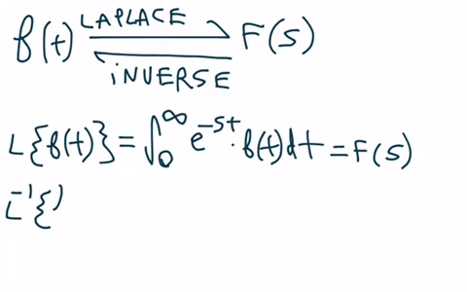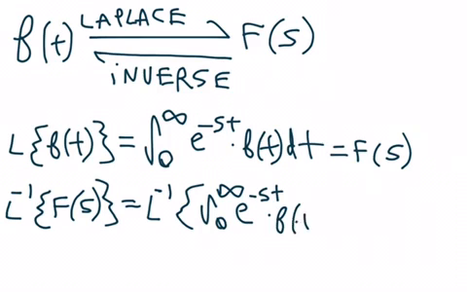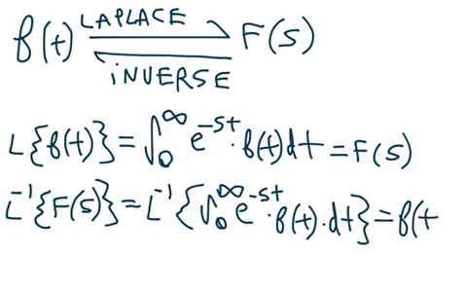So the L to the minus 1 of our f of s gives us back the L to the minus 1 of our integral from 0 to infinity of e to the minus st times f of t times dt, which is simply f of t.